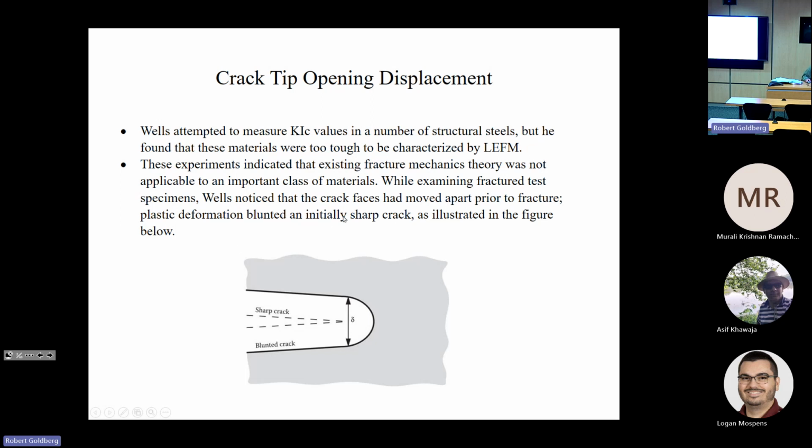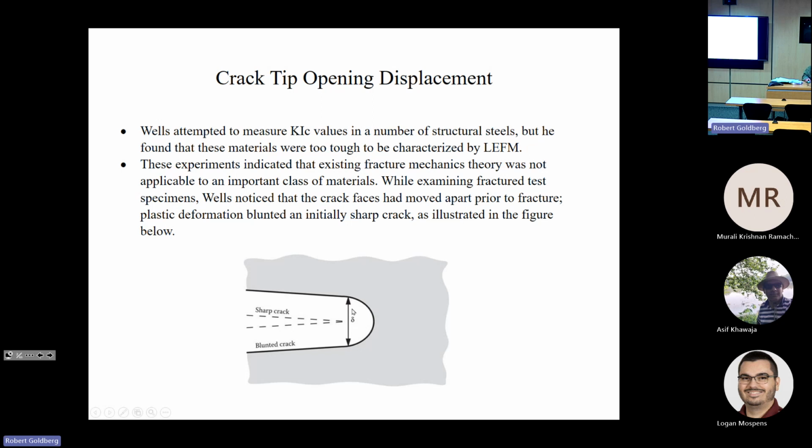So when he examined the test specimens, Wells noted that unlike the sharp crack, which is typical for linear elastic fracture mechanics, he observed a blunt crack where the crack faces had moved apart prior to fracture, and you have the top and the bottom of the blunt crack separated by this distance delta, which is what is referred to as the crack tip opening displacement.